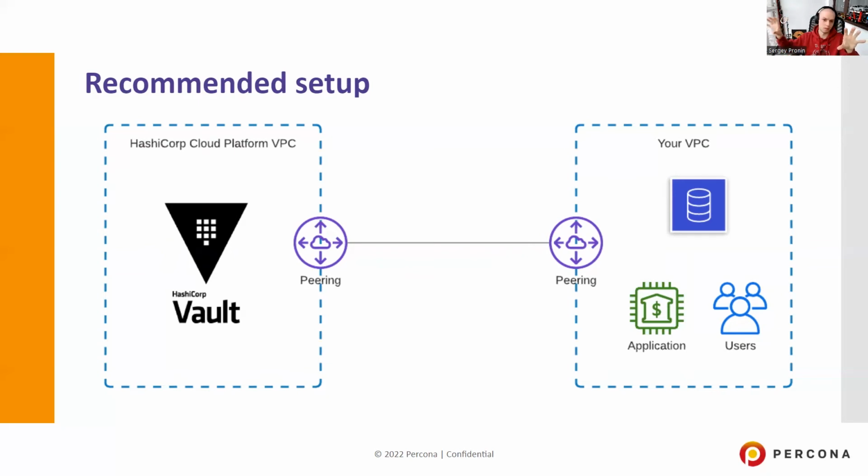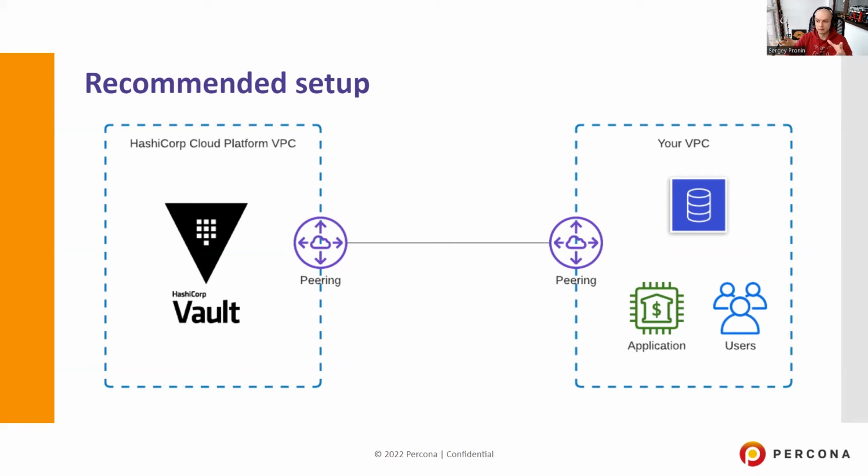You have your applications, users, and database in your own VPC in your Amazon account. It is also private, and then you interconnect these two accounts through VPC peering. So we should always think about security not only on the password level, but also the networking level.